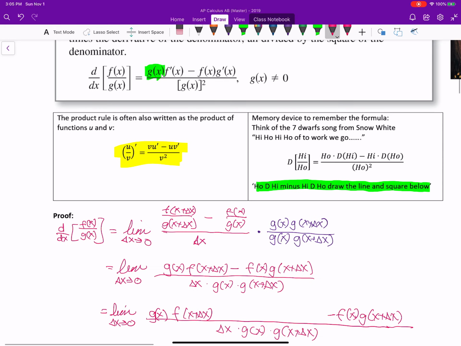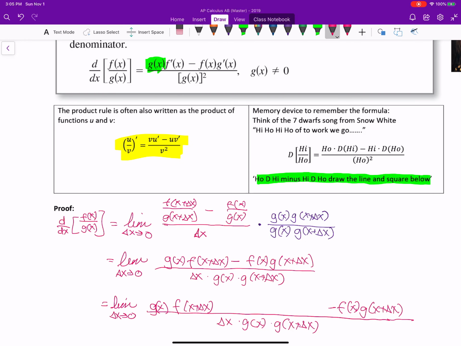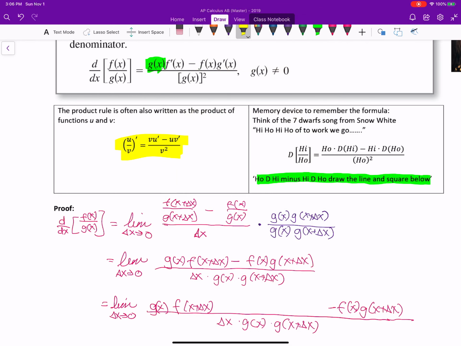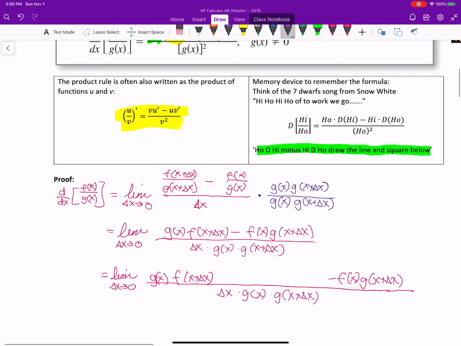If I look again at the top, I needed the f prime of x. So to get the f prime of x, I need f of x plus delta x minus f of x. That's what I'm going to concentrate on, but I need to be able to factor out a g of x then.